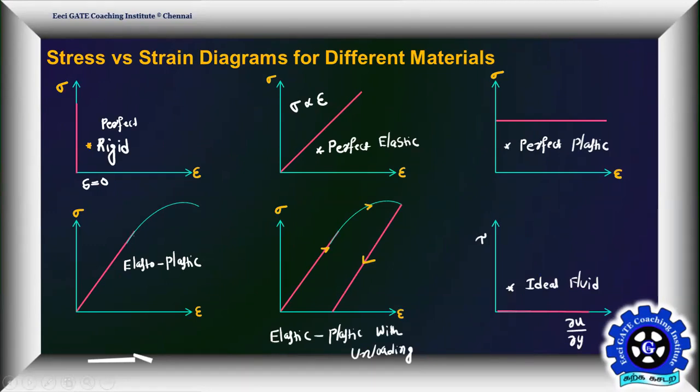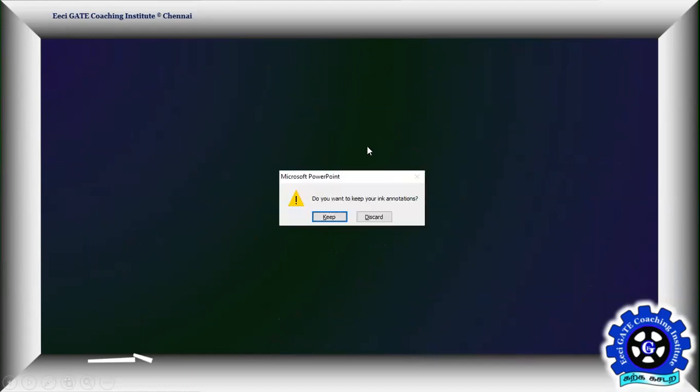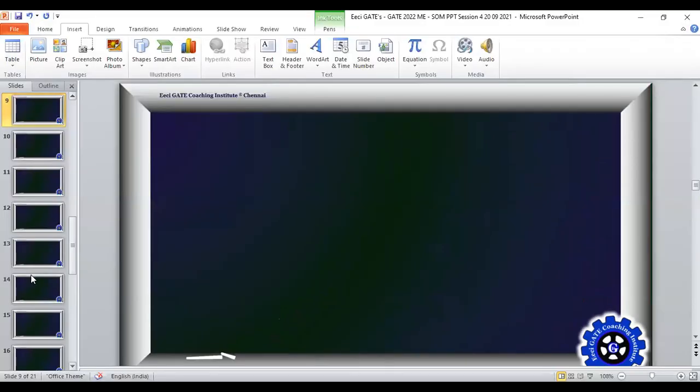In that, first topic is completed. Now we need to discuss the second topic. Are you okay with this? Yes, sir. Now we need to discuss the second topic. Put heading: axial loading diagrams.